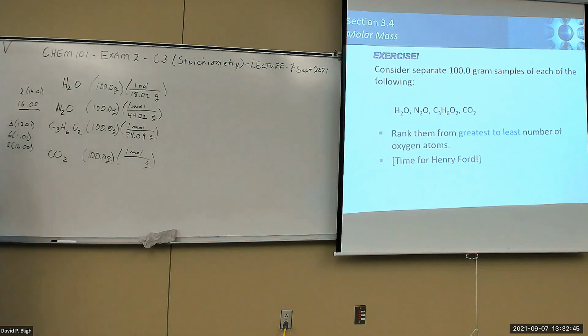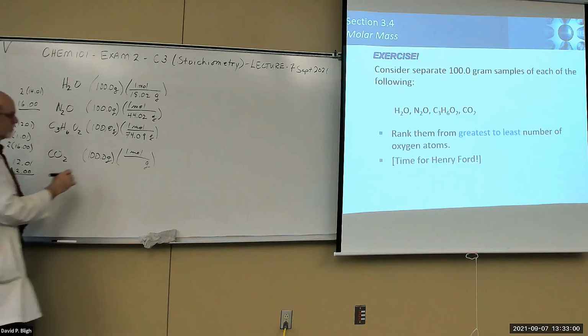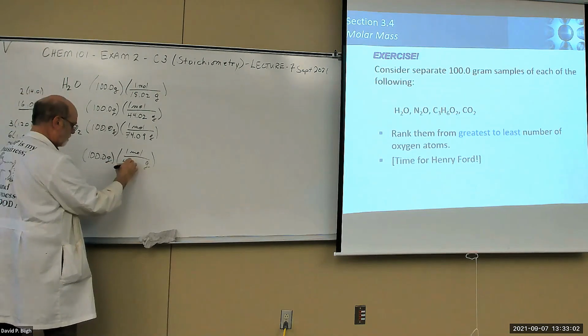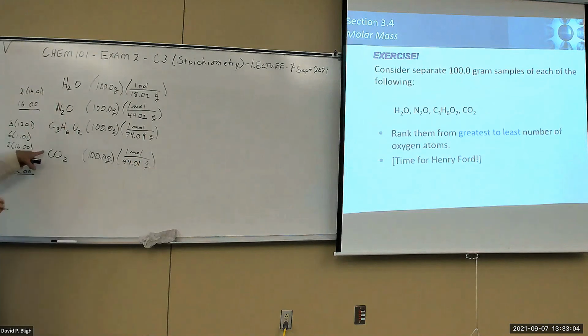Okay. How about carbon dioxide? Well, you've only got 1 carbon, so that's 12.01, and 2 oxygens, which is 32. So that's 44.01. So carbon dioxide and dinitrogen monoxide are almost the same molar mass.